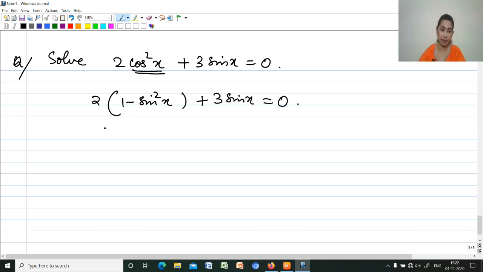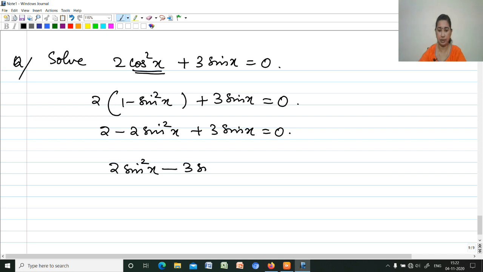Now opening the bracket, 2 minus 2 sin square x plus 3 sin x equal to 0. Now rearranging this, 2 sin square x minus 3 sin x minus 2 is equal to 0. So we can write it as factors.